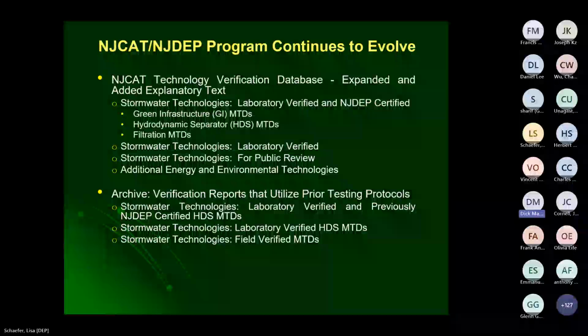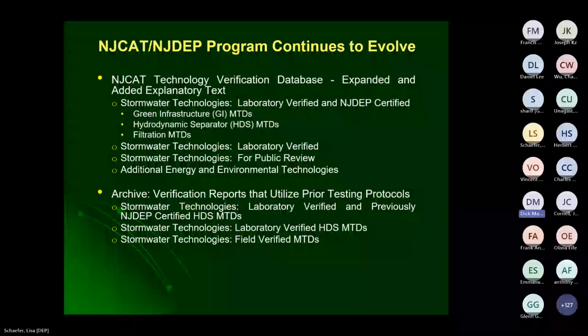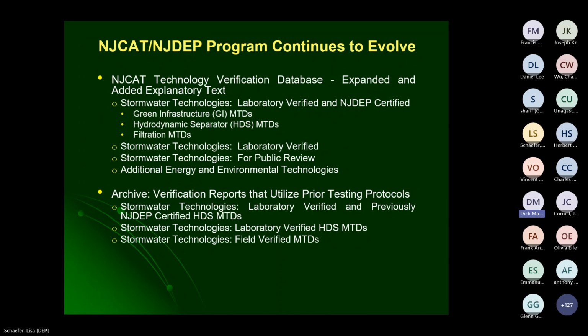Finally, there's a second page, so to speak, of archive reports. Because the program has changed so much over the years, and because we have new protocols, as I already mentioned to you, many of the technologies are no longer recognized in New Jersey, but the industry asked if we couldn't at least archive them, since they did go through a testing process, and they could make reference to them.